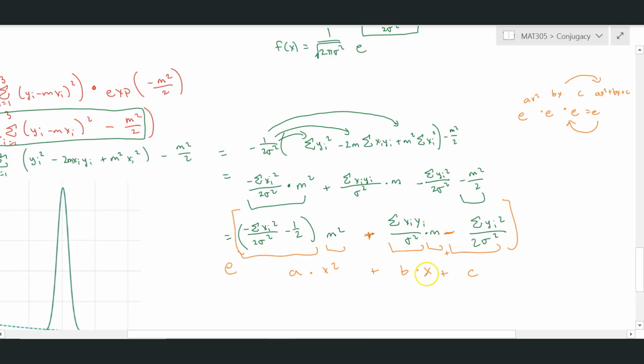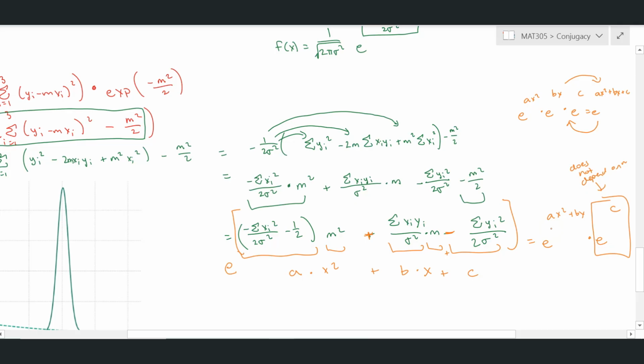So what I'm going to do is this e to the c, I'm going to write this as e to the ax squared plus bx times e to the c. And that's going to be e to this piece right here. And notice that this doesn't depend on m.